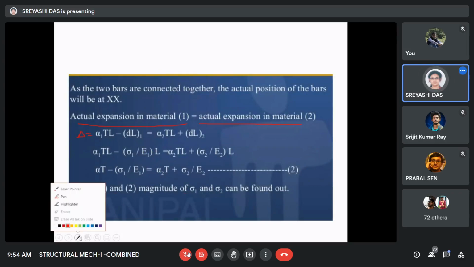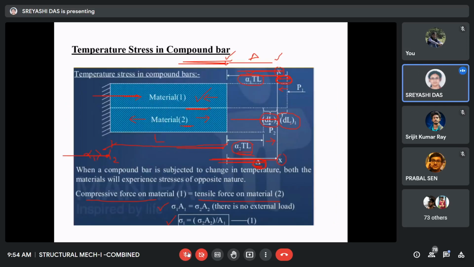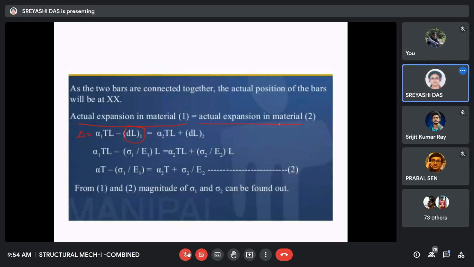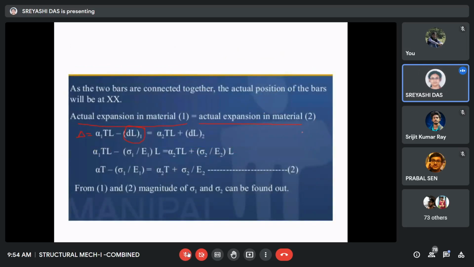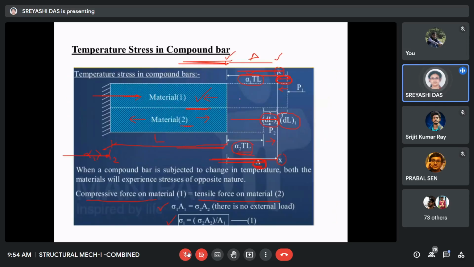So this is the delta. Now this DL1 is the change in length that is occurring in material 1, so the strain will be DL1 divided by L. If the compressive stress produced in material 1 is sigma 1, then what will be the strain?